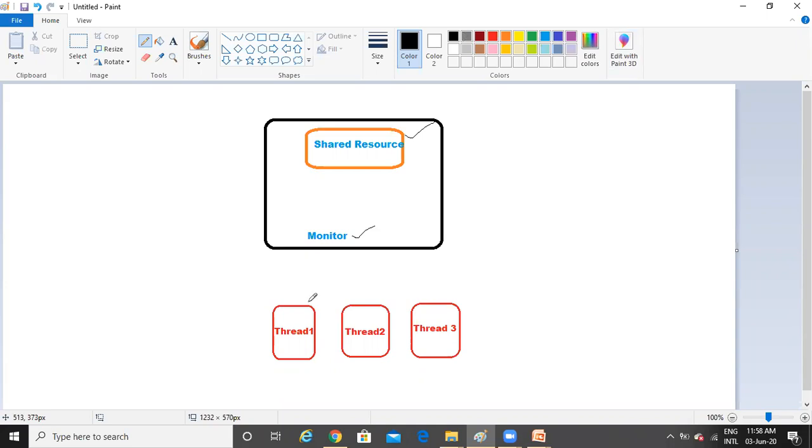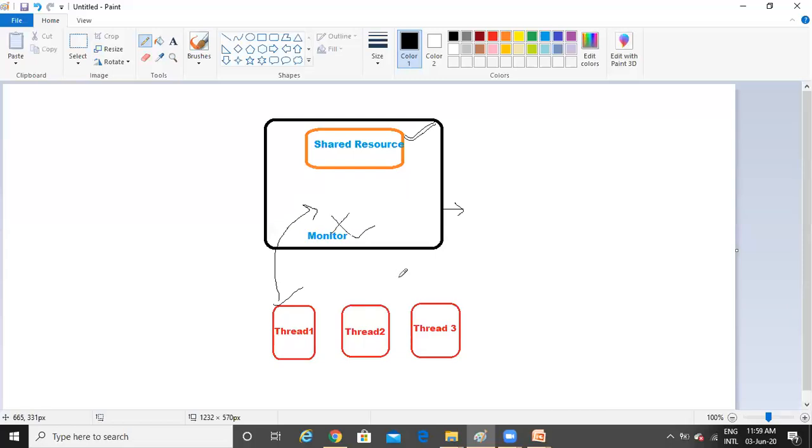The concept of monitor is basically that it is an object. Remember, monitor is an object. If thread 1 wants to access this shared resource, first of all it has to enter into the monitor and lock the monitor.